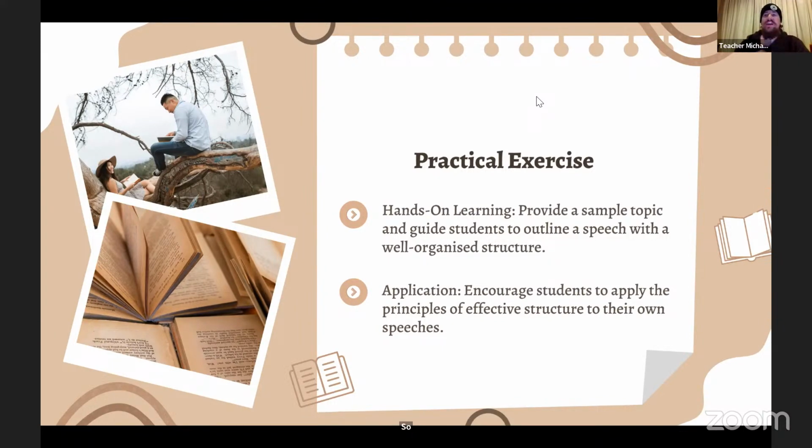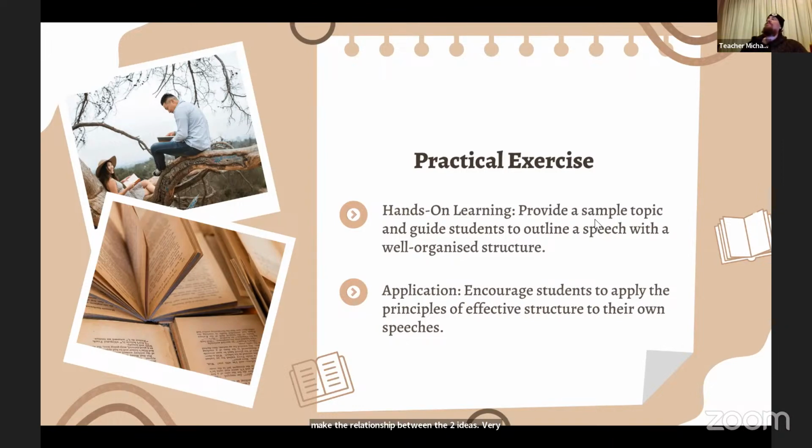Step 4 is transitions. You want to make sure that the transitions between your main points are smooth and that it makes sense. So a transition is where you make the relationship between the two ideas very apparent.